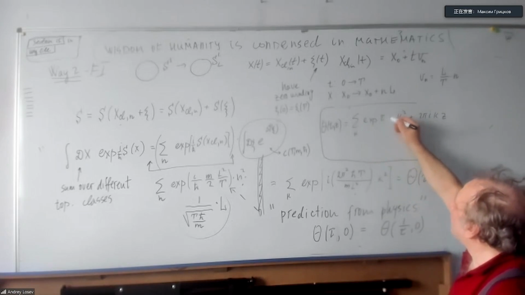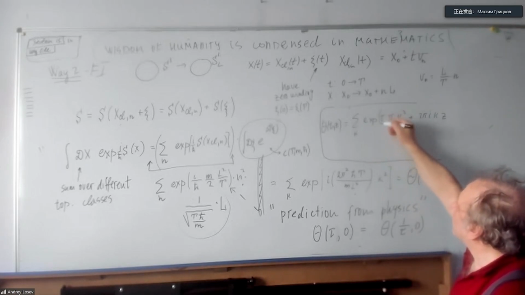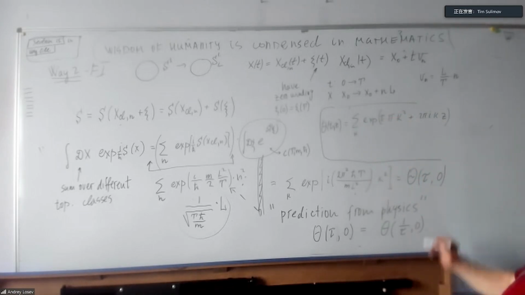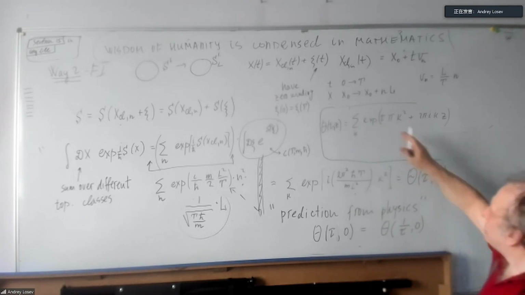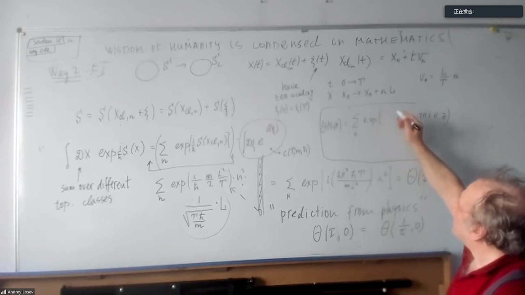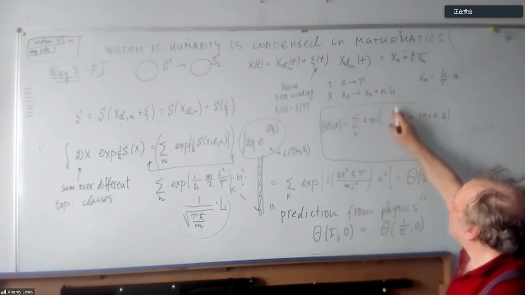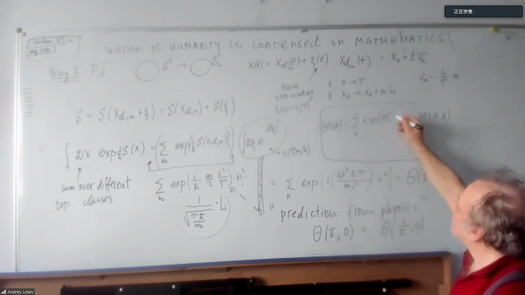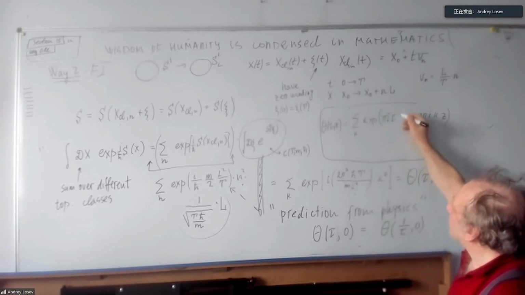Could I try to explain it in Russian? I think Wikipedia puts pi i in front of k squared. Yes. So pi i tau k squared.